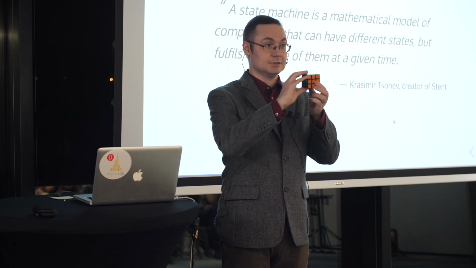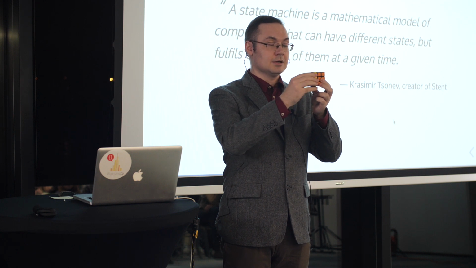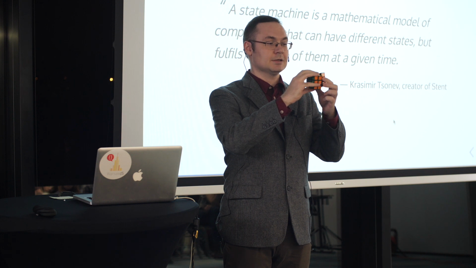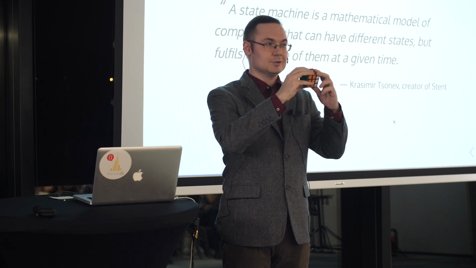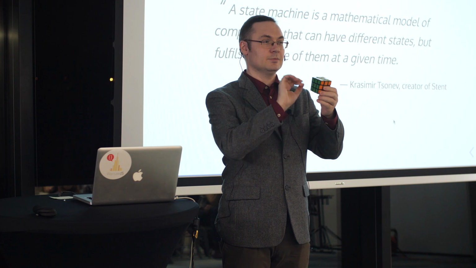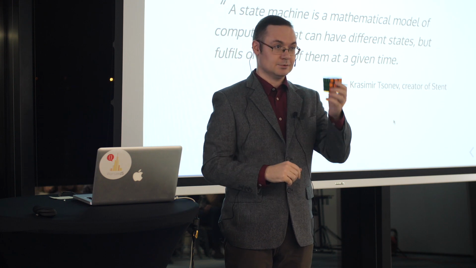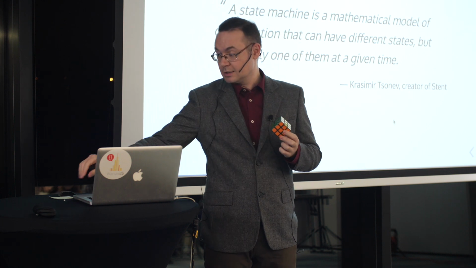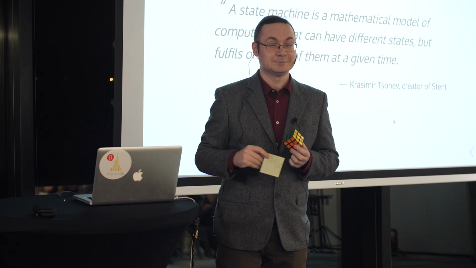There are 10 actions. Left side clockwise, counterclockwise, right side clockwise, counterclockwise, top, bottom, and back. So that gives you 10 actions or transitions that give you this ridiculous number.